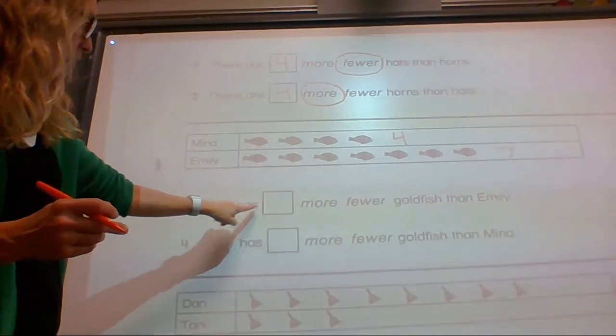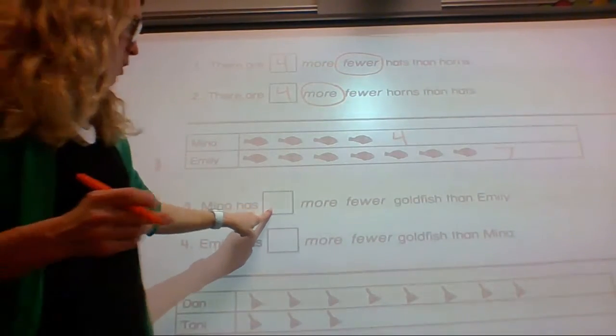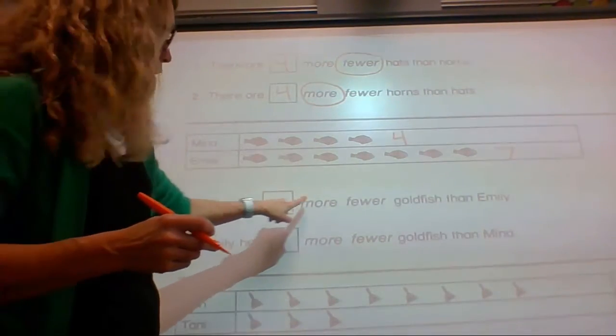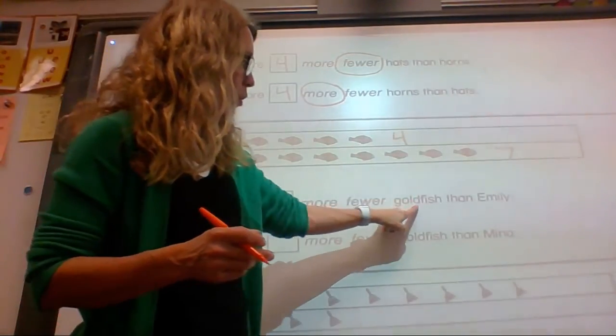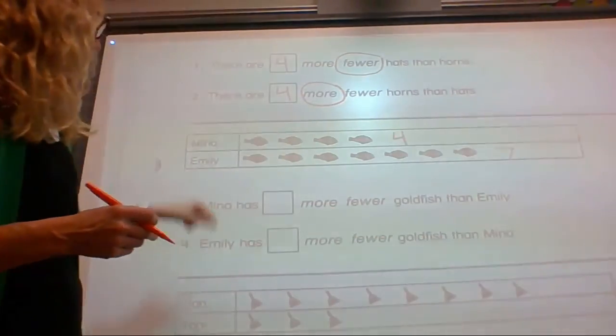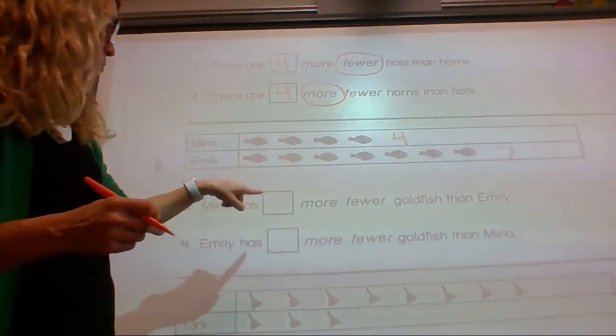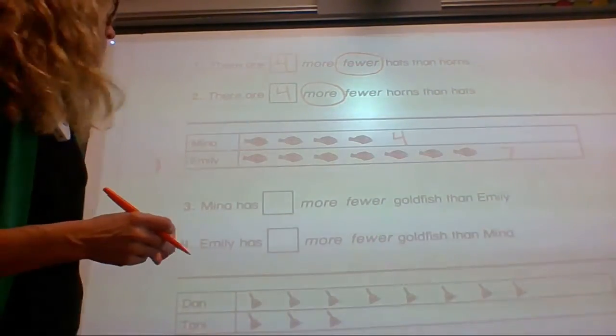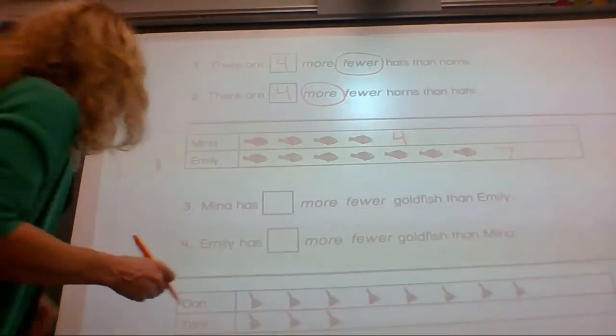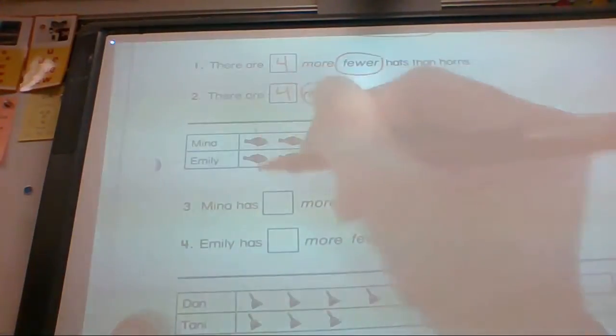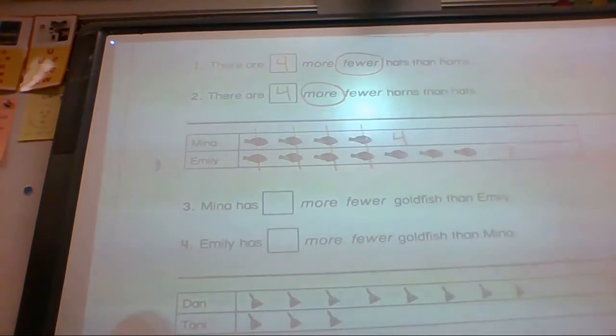Mina has blank, so we need to figure out the number, more or fewer goldfish than Emily. So Mina has more or fewer goldfish than Emily. Let's go ahead and pair them off again like last time. Pair, pair, pair, pair.